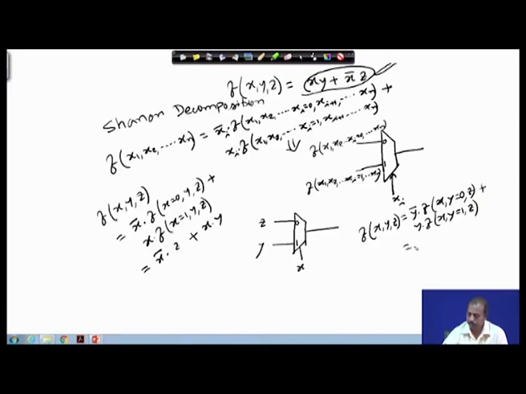If I put y equal to 0 here, I will get the function x bar z, and if I put y equal to 1, then this gives me x plus x bar z, which is nothing but x plus z. So, by Boolean algebra, I can say it is y bar x bar z plus y into x plus z. So, at the top level you have got this realization.